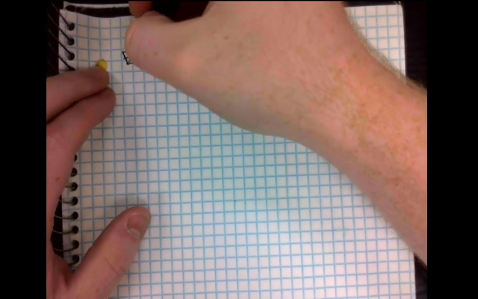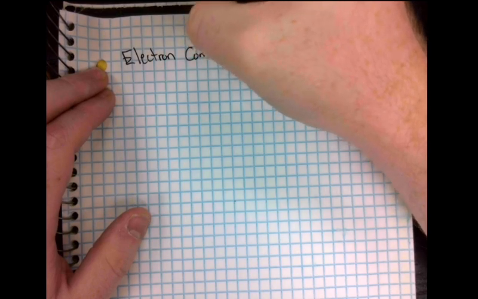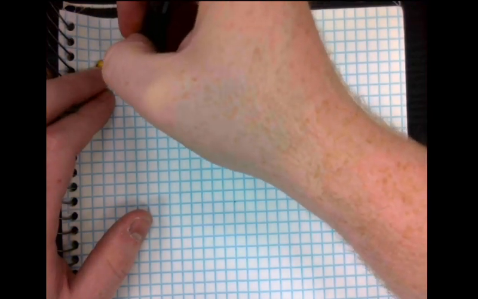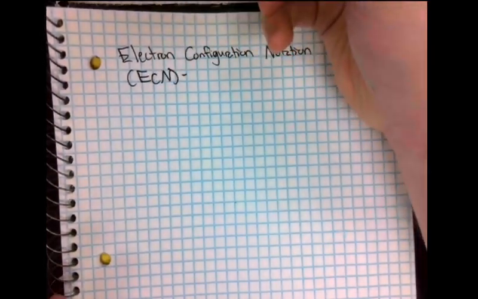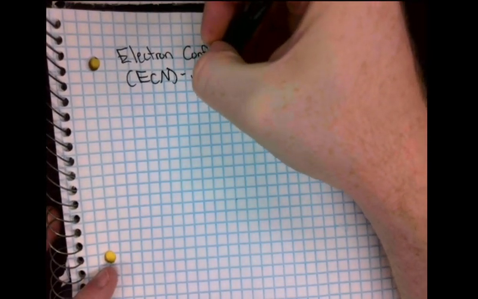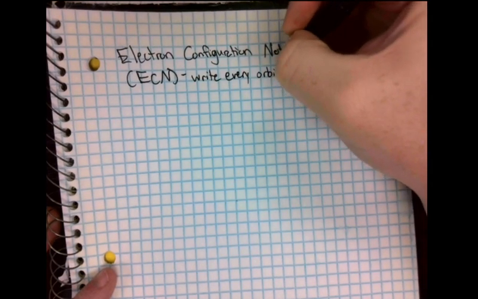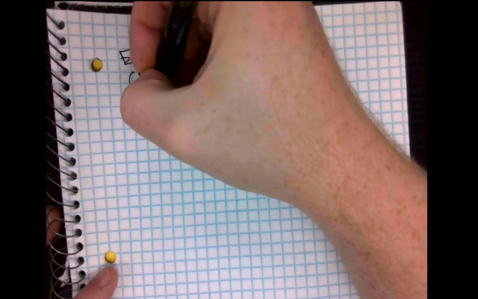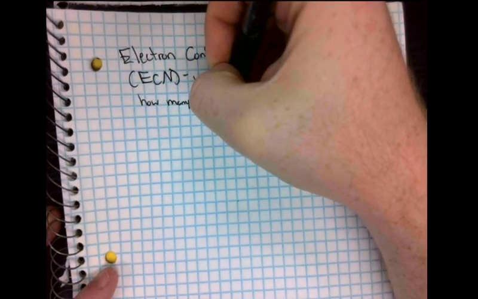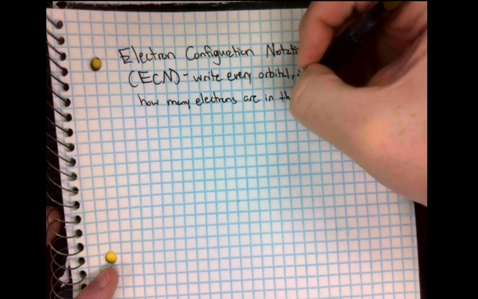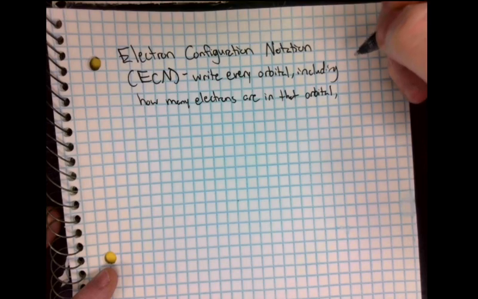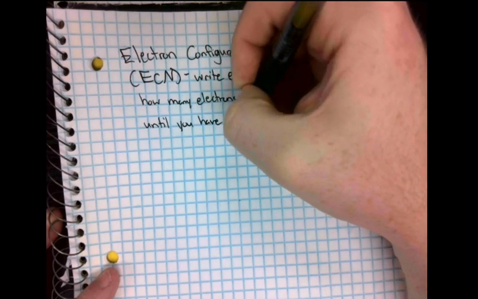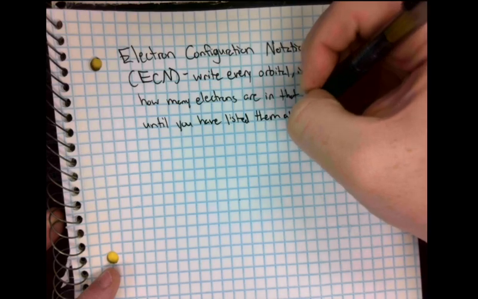So the goal of electron configuration notation, otherwise known as ECN, is to write every orbital, including how many electrons are in that orbital, until you have listed them all.